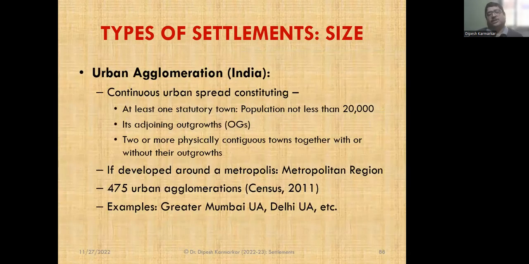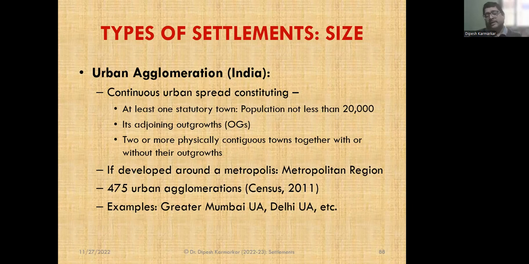The next classification is called UA or urban agglomeration. Urban agglomeration is nothing but an agglomeration, where you find more than one town mixed together, or a number of towns located continuously in a continuous region or area. Such a continuous urban spread comprising more than one town is called urban agglomeration. Obviously, an urban agglomeration has at least one statutory town.